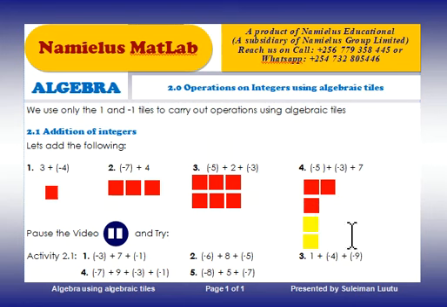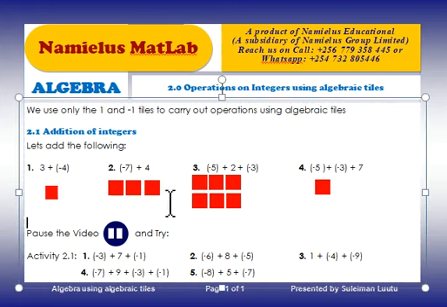Cancel out this and this. Cancel out, and then this and this. Cancel out. Finally, we are remaining with a -1. So -5 plus -3 plus +7, the remainder is -1. As you see, it is red.